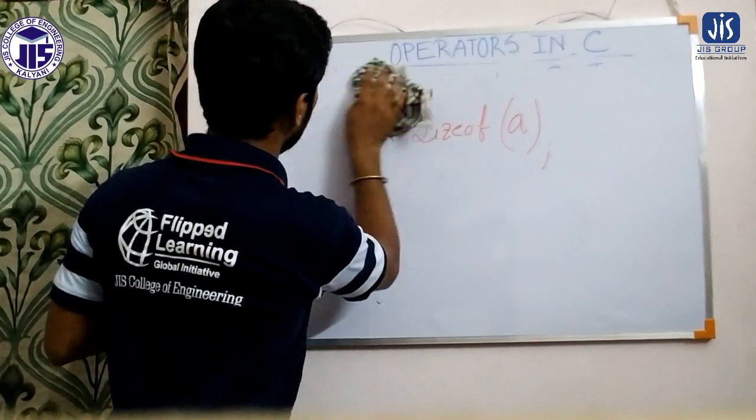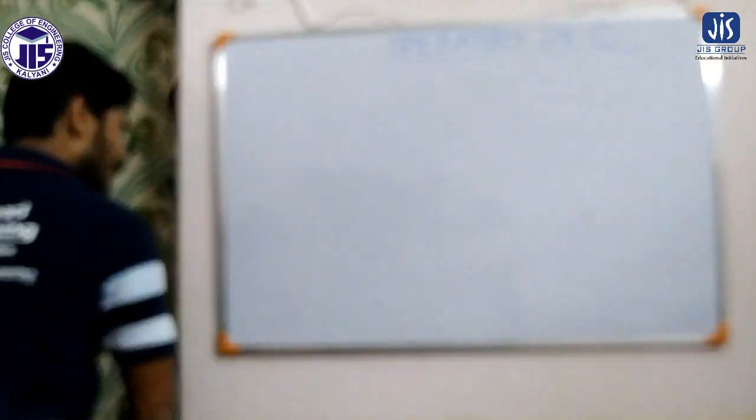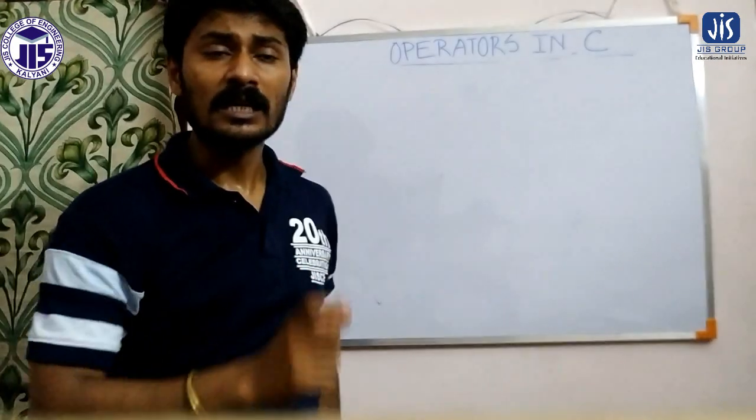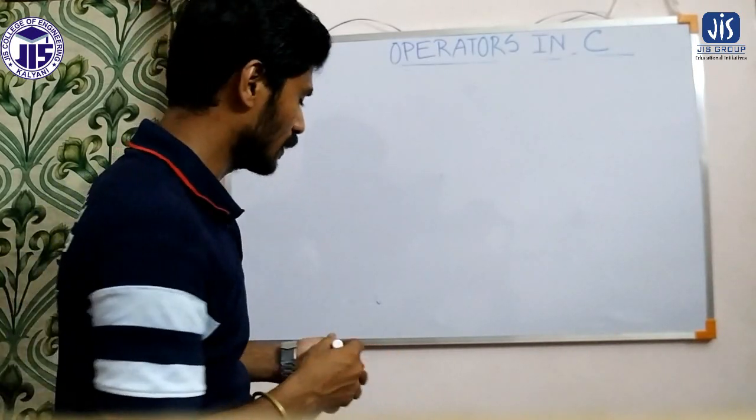Now another point is that these different operators in C we can divide into 3 categories. One is unary operator, binary operator, and ternary operator.